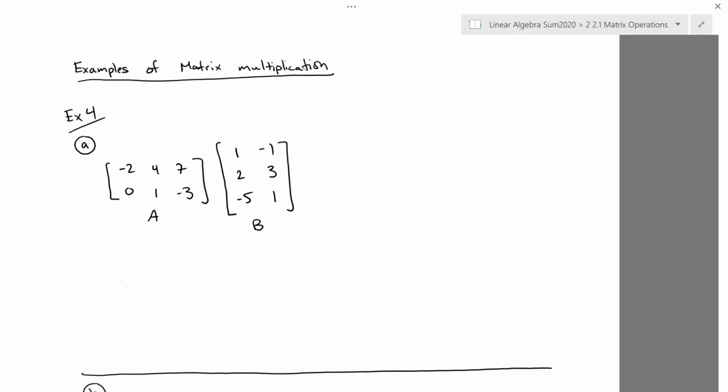Okay, so let's take a look at some examples of matrix multiplication in action. The first thing you want to pay attention to is the sizes of the matrices that you're multiplying together. We see that A has 2 rows and 3 columns, so A is a 2 by 3 matrix, and B is a 3 by 2 matrix.